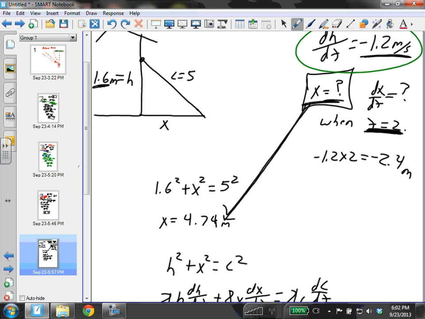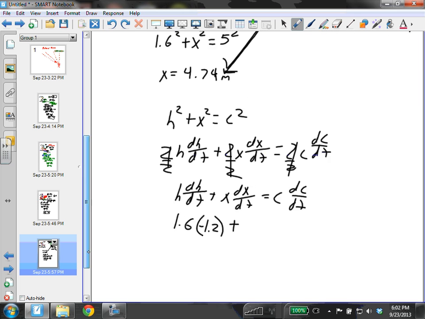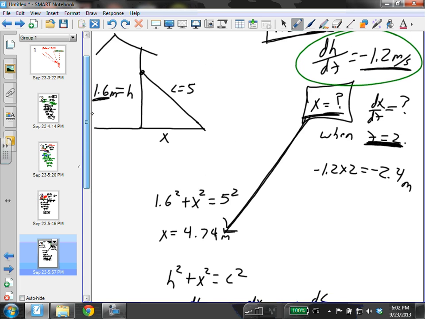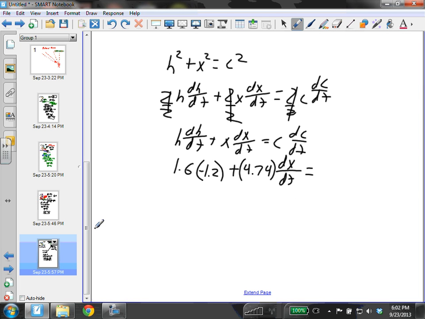We found that x is 4.74 meters, so we plug that in, times dx dt, which we can leave as a variable since it's the one we're looking for. And then we have c, which is 5 continuously, which means that dc dt is still 0.